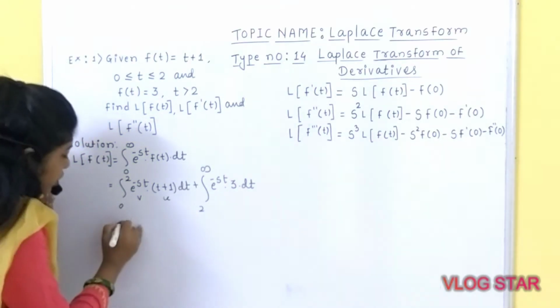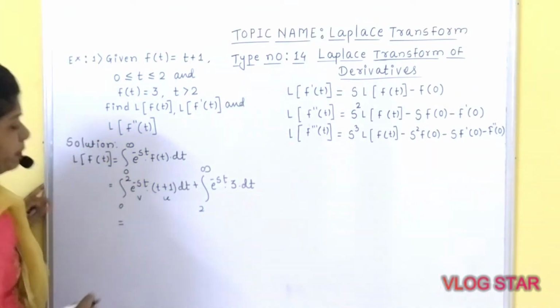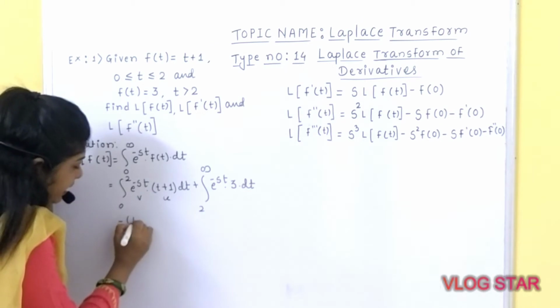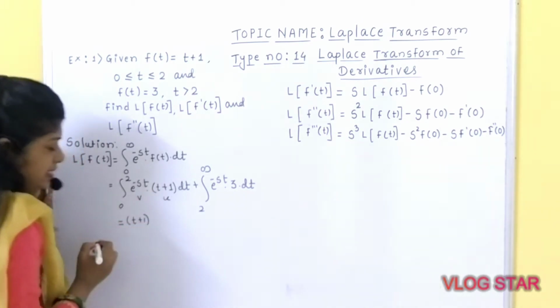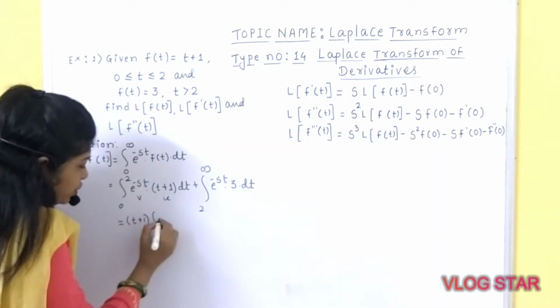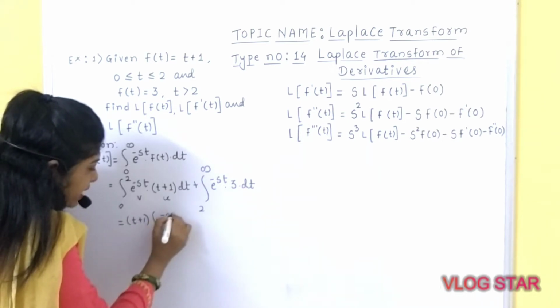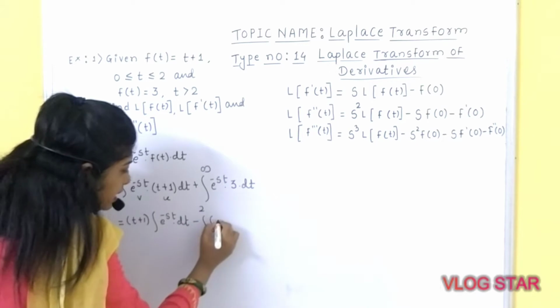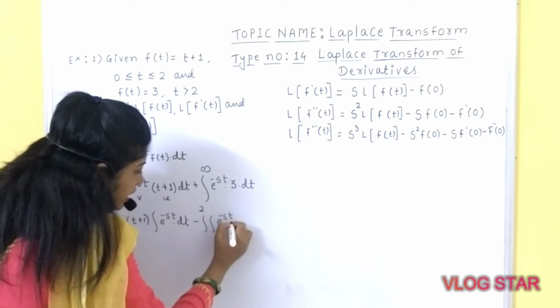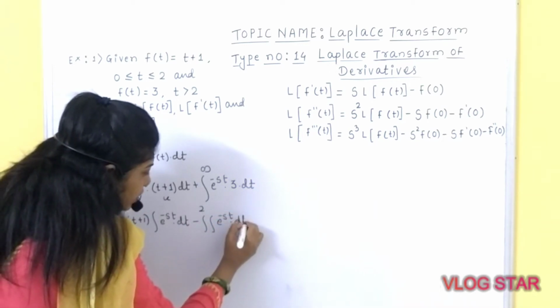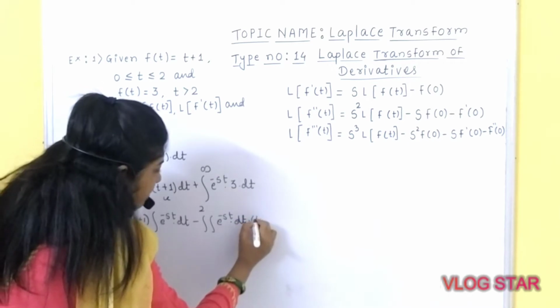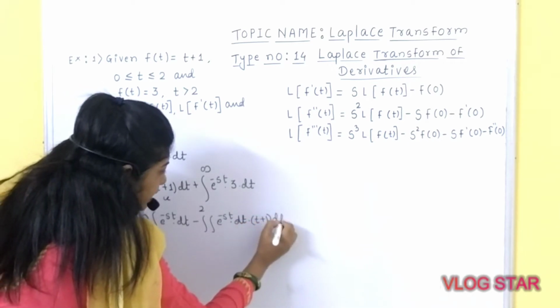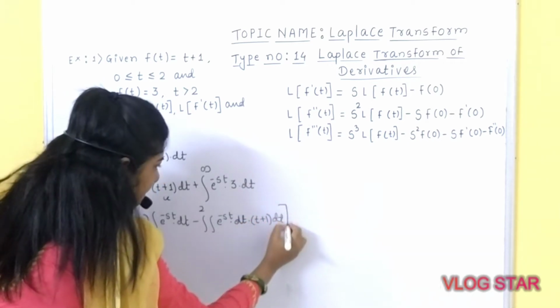So t plus 1 as it is into integration of e raised to minus st dt, minus double integration of e raised to minus st dt into derivative of t plus 1.